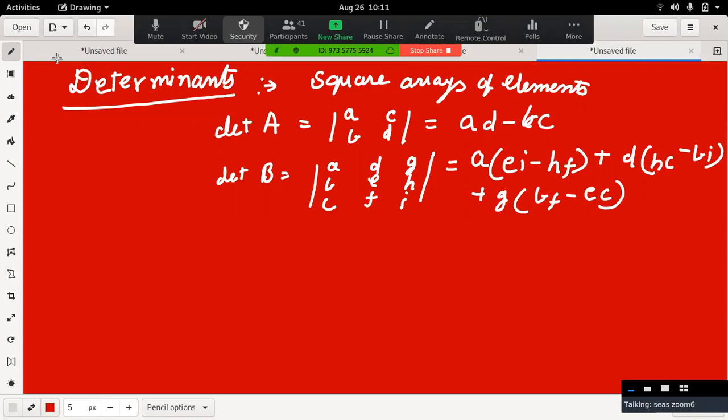So that is how any determinant can be further elaborated to determine its value.